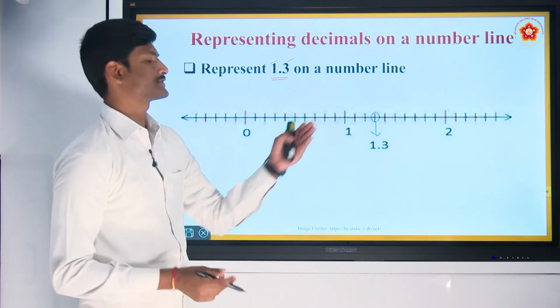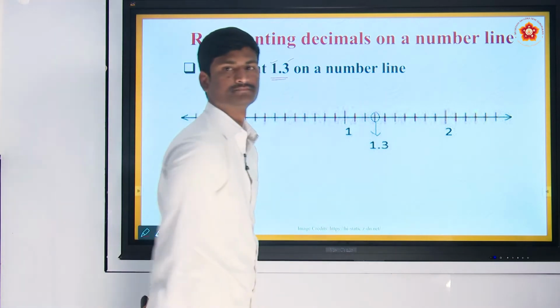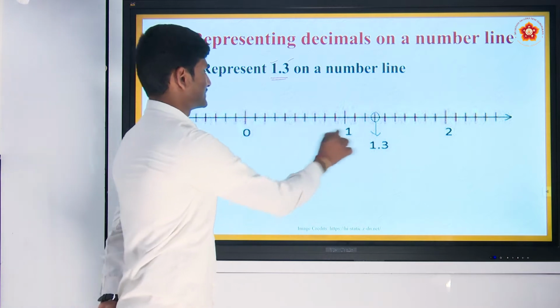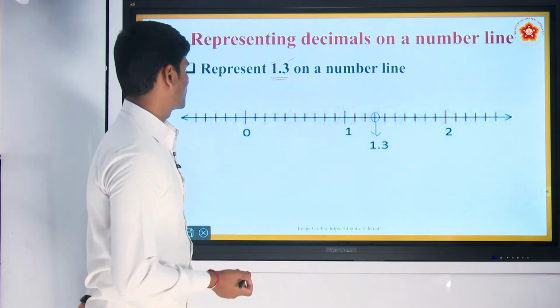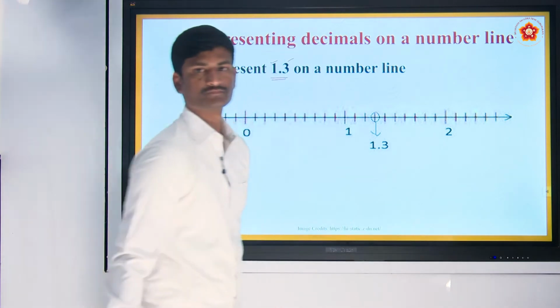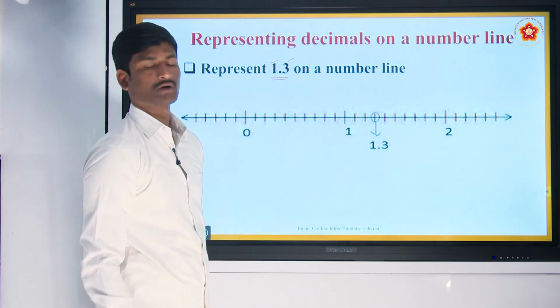Here first we draw a line and mark some numbers on the number line: here 0, 1, 2. We represent 1.3 on the number line.